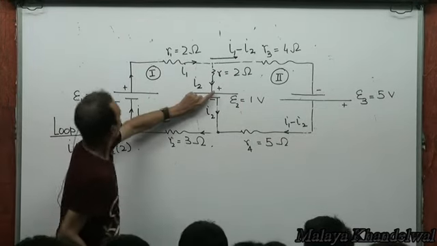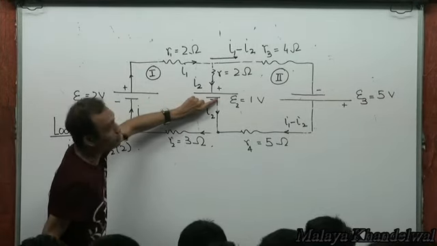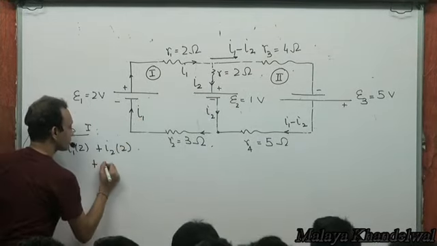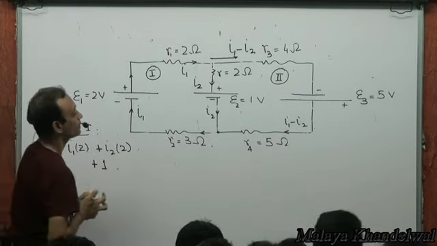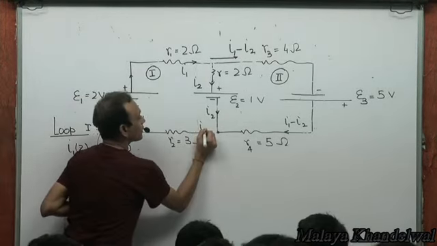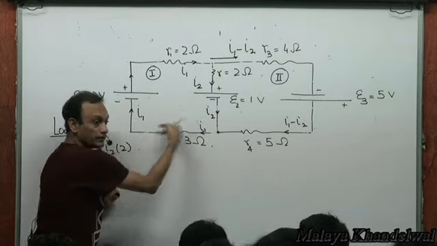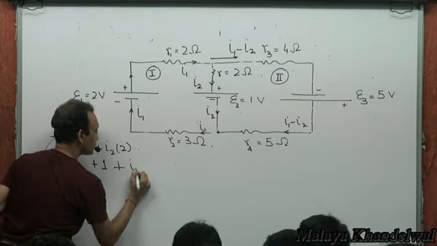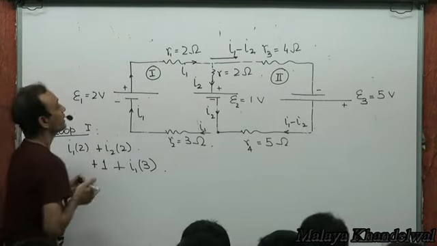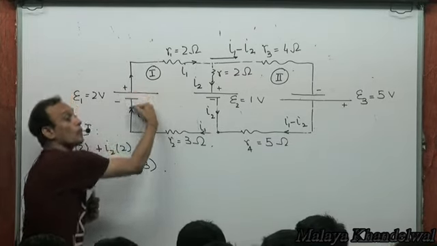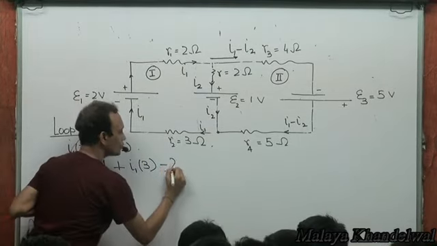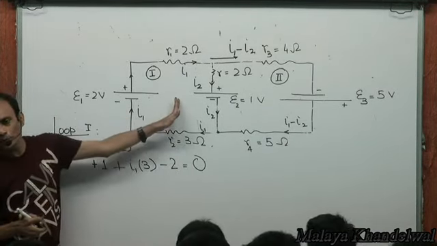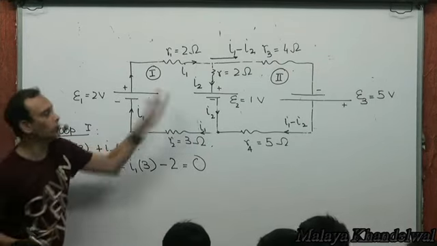From here to here there is a drop by 1 volt, so plus 1. Then I1 into 3 is the drop across this. And then from here to here there is an increase, so minus 2, equal to 0. That's KVL applied to loop 1.